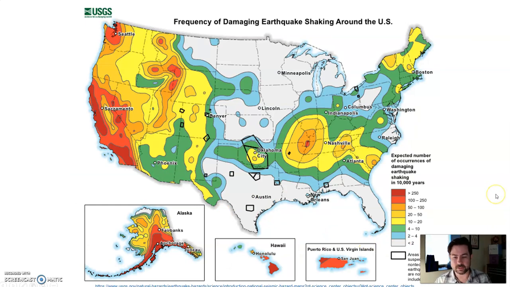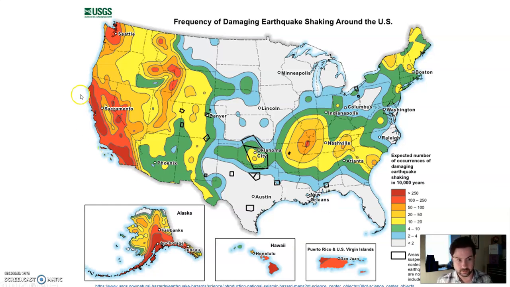So what this map looks at is the frequency of damaging earthquakes shaking around the U.S. So a little bit different than the previous slide. Those were just any types of earthquakes. This is the incidence of a location actually having an earthquake that does some damage.